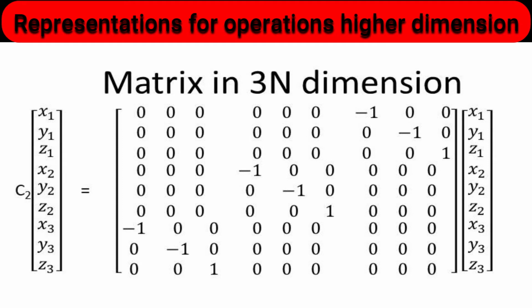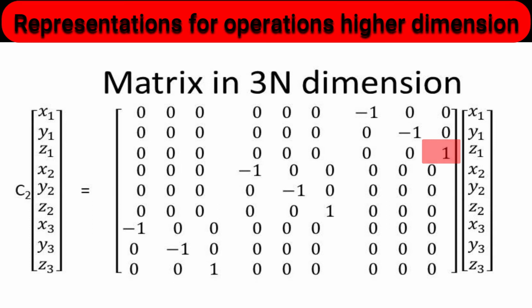So as a coefficient for x3, -1 is there in the first row. y1 of atom number 1 will become minus y3. So for the coefficient of y3 in the second row, -1 is represented. And z1 of atom number 1 will become z3. It remains positive only. So for the coefficient of z3, 1 is represented. I hope you are getting this point.